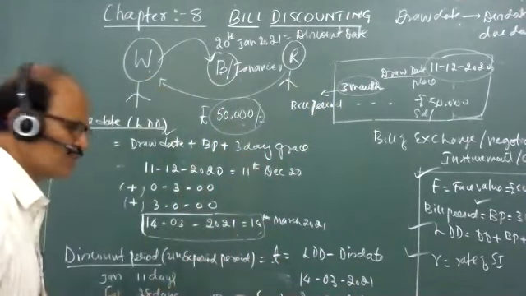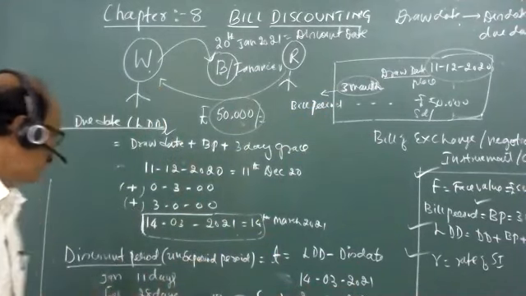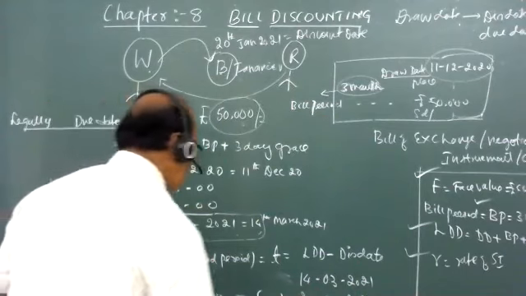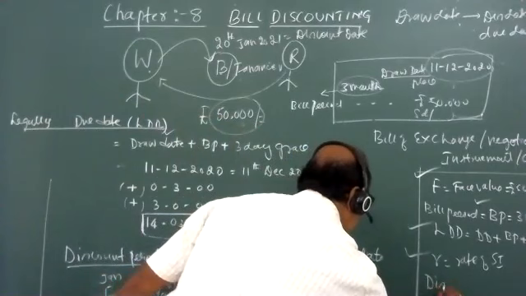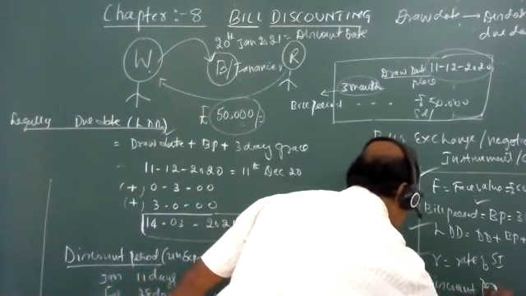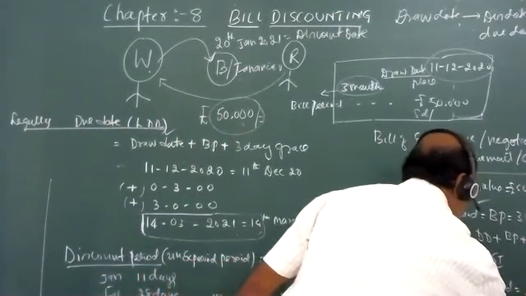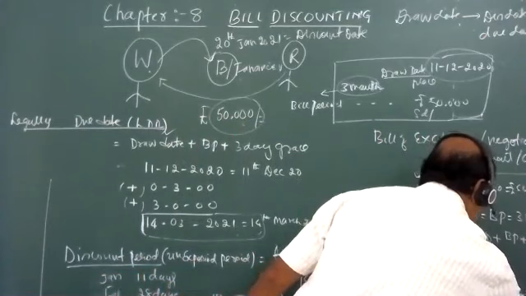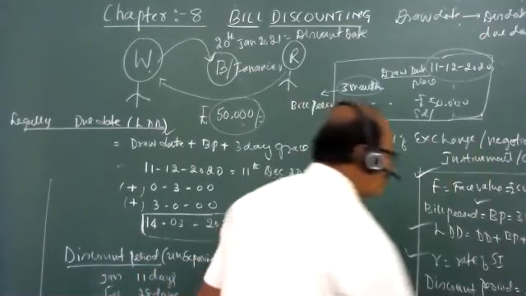This is the T. So what is the T value? This is T, called the discount period. How to calculate T? It is the legal due date minus discount date.